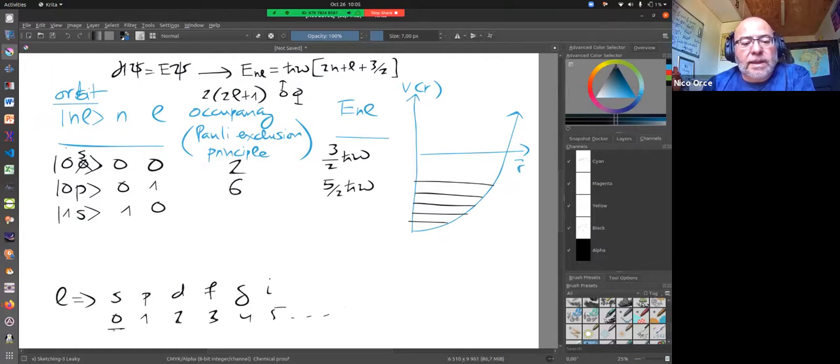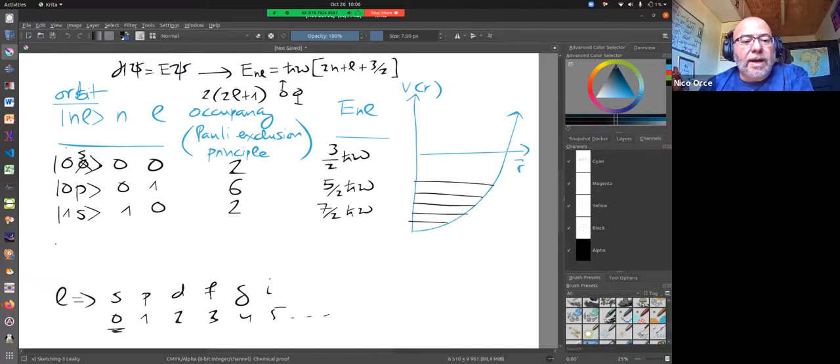The occupancy will be the same as for this guy, 2, but the energy, with n equal to 1 here, is 2 plus 3/2, that will be 4/2 plus 3/2, 7/2, right? 7/2 of h bar omega.